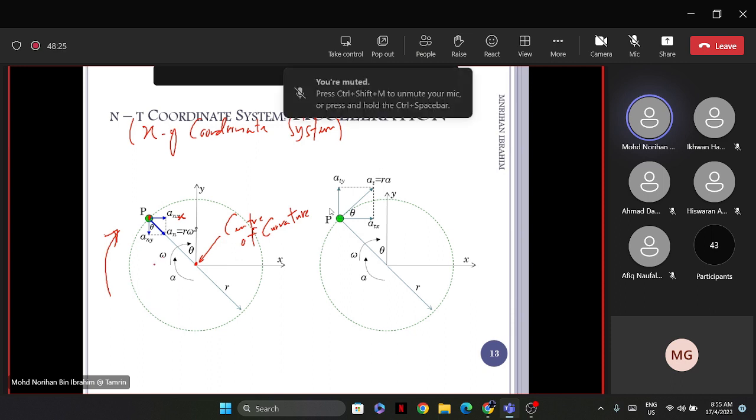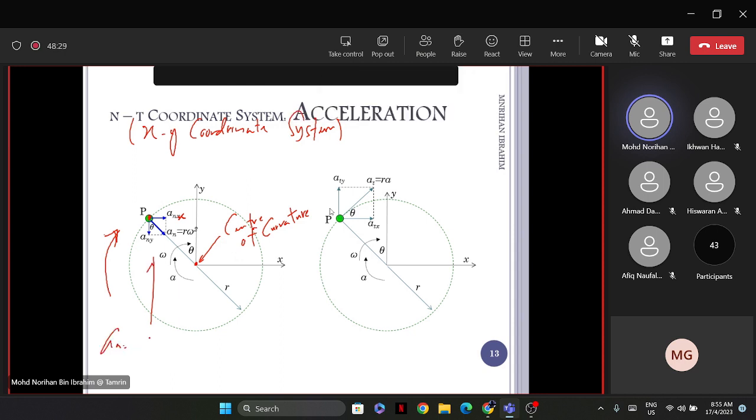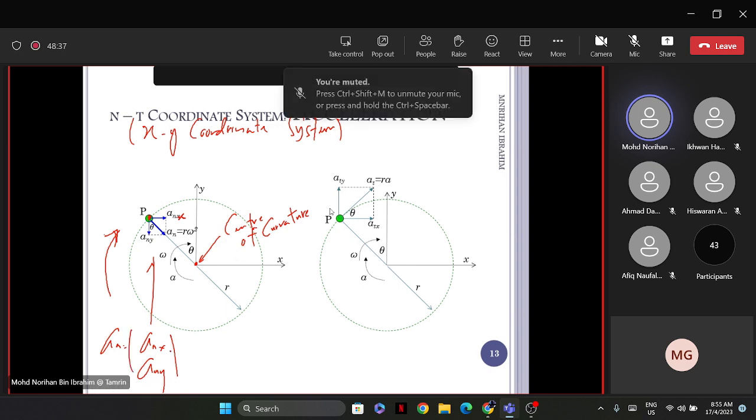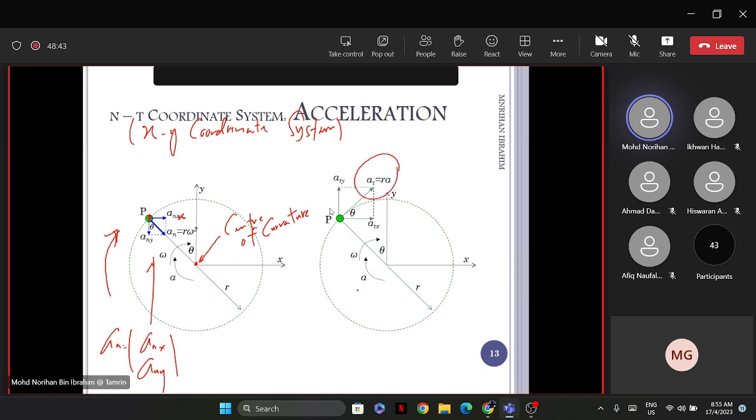So this means an is equal to a n x and a n y, in the x and y components. And this one, the tangent, a t is equal to a t x and also a t y. It has two components.